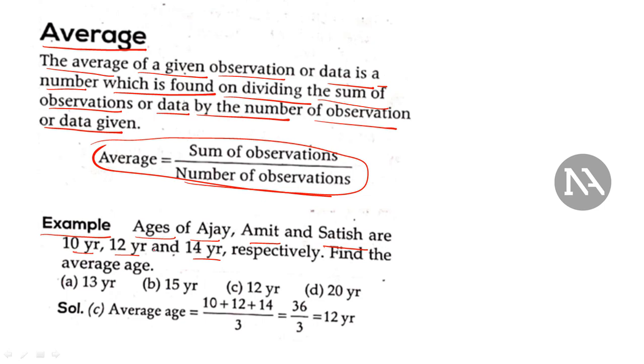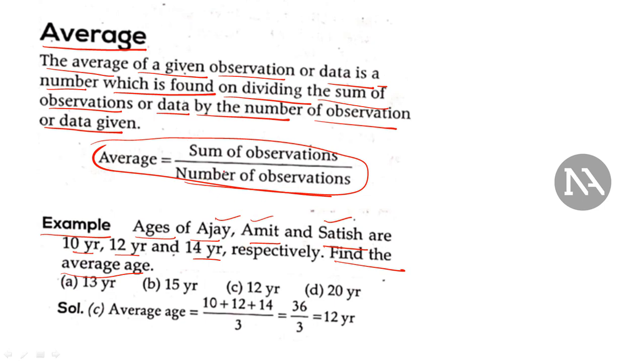So this is the data given about the ages of Ajay, Amit and Sadish, right? They are asking to find the average age. So you have three people, Ajay, Amit and Sadish, and their age is given. What is the average age of these three people?